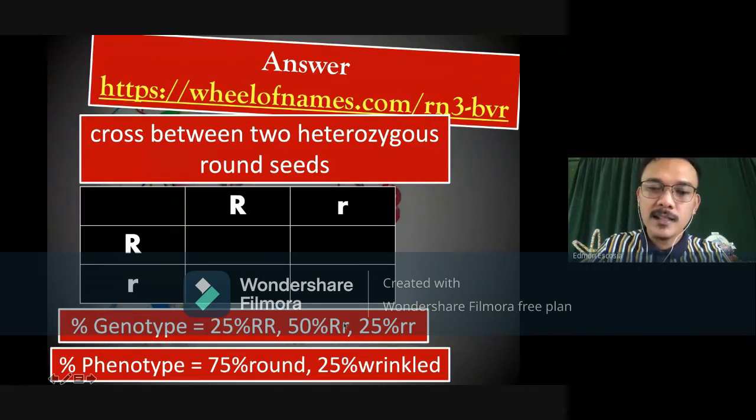And this 25%, since we have the genotype small r small r, we can translate this as the phenotype that is wrinkled, and that is 25%. Take note that your target always is 100%. If you sum up all of these percentages, both for the genotype, this must be 100% total, and phenotype must be 100% total as well.